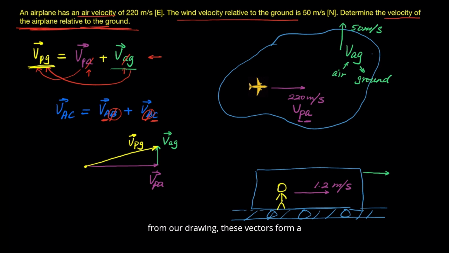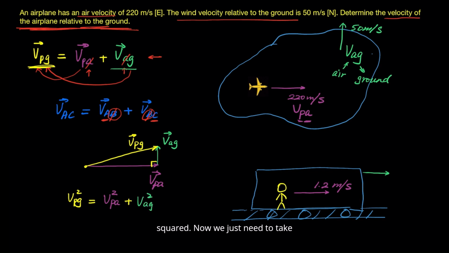As you can see from our drawing, these vectors form a right-angled triangle. This is perfect because it allows us to use the Pythagorean theorem to find the magnitude of this final vector, VPG. So algebraically, we can find the magnitude of VPG by using the formula VPG squared equals VPA squared plus VAG squared.